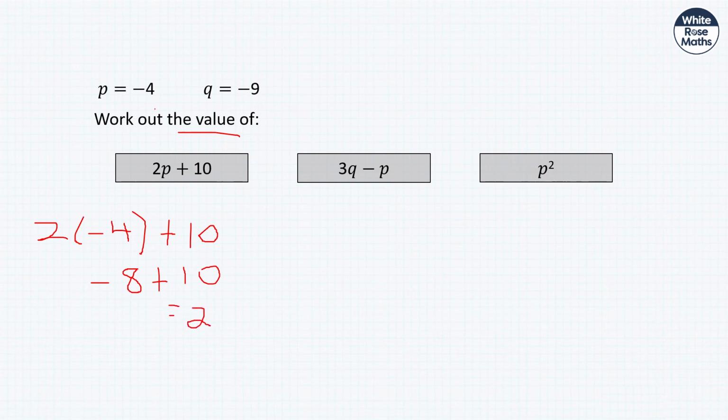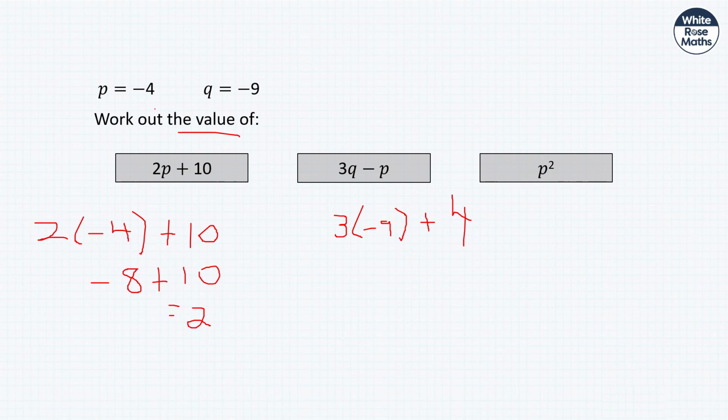Okay, this next one, I'm going to have 3 lots of negative 9. And then I'm going to be subtracting negative 4. So that's the same as adding 4, because minus p would be equal to positive 4 in this context.